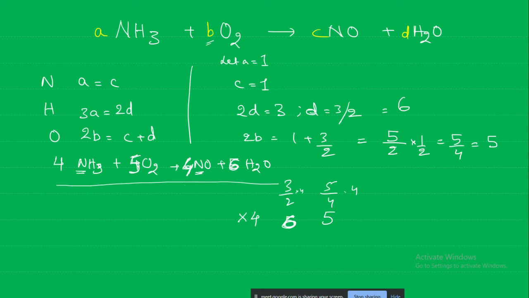Okay. So now maybe sometimes we are faced with more complicated and long ones. So one equation we will write. Potassium dichromate reacting with hydrochloric acid, giving rise to potassium chloride plus chromic chloride plus water plus chlorine.